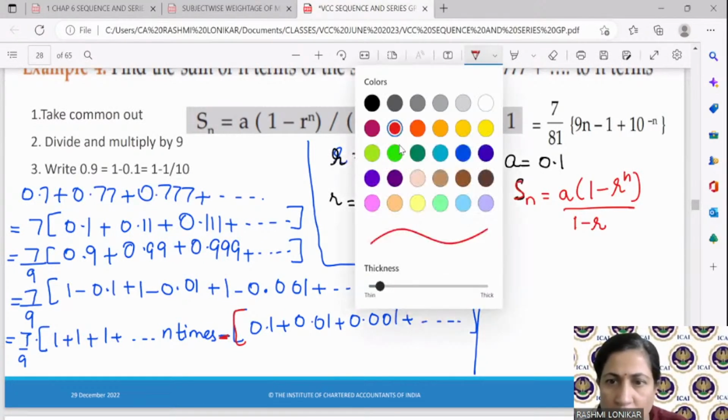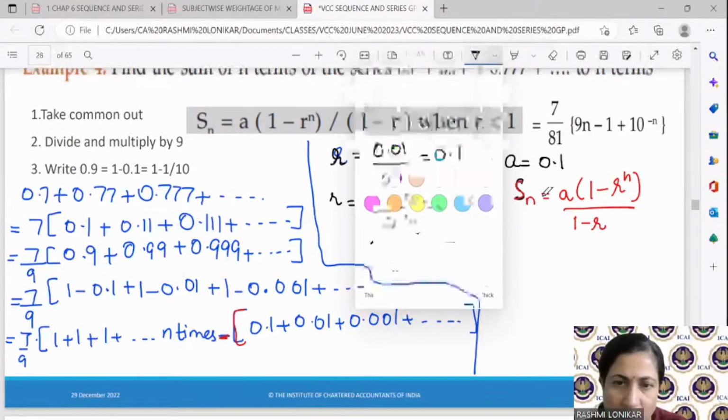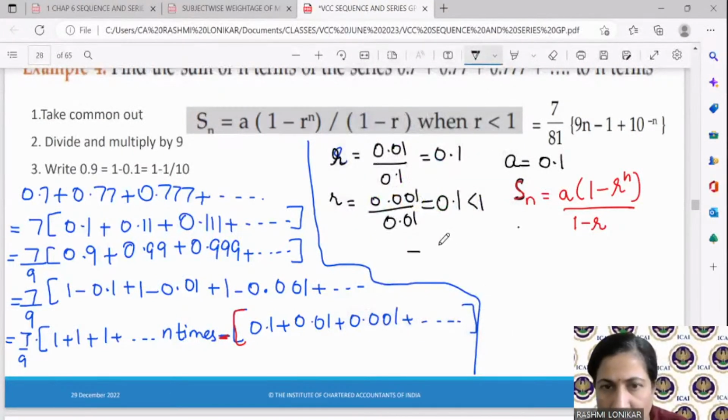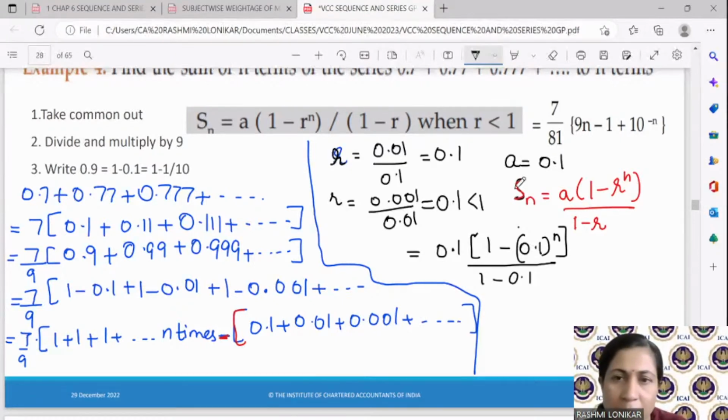So what is going to happen? Sn will be equal to A, which is 0.1, into 1 minus 0.1 raised to n upon 1 minus 0.1. Okay. So this is my value.